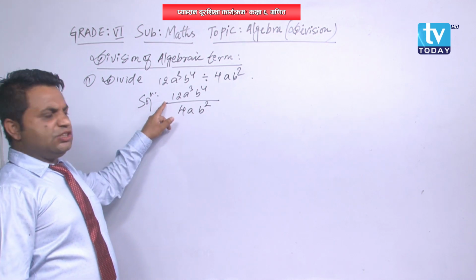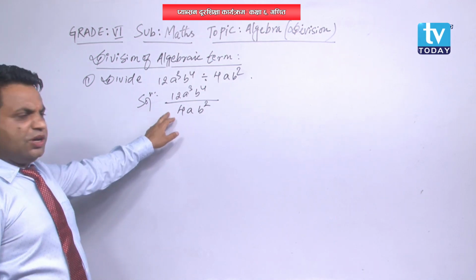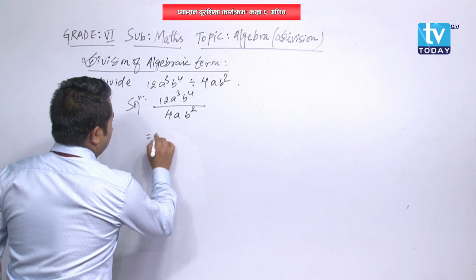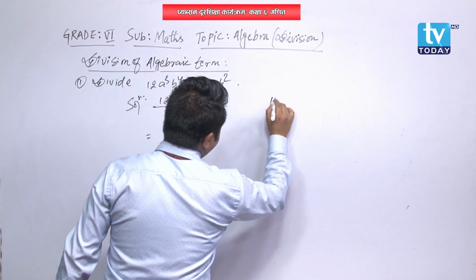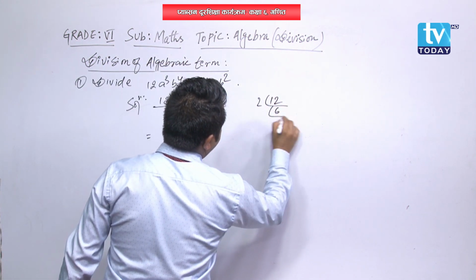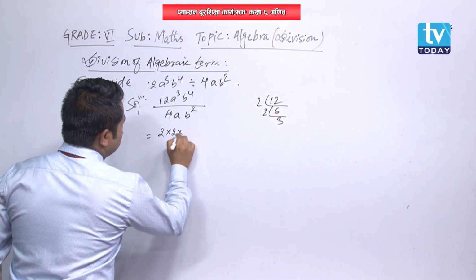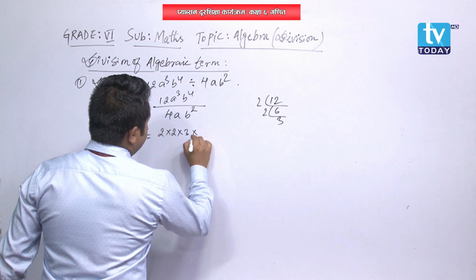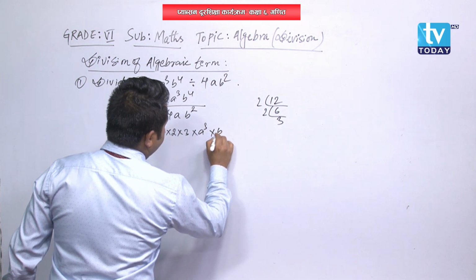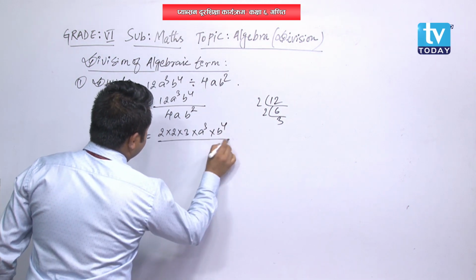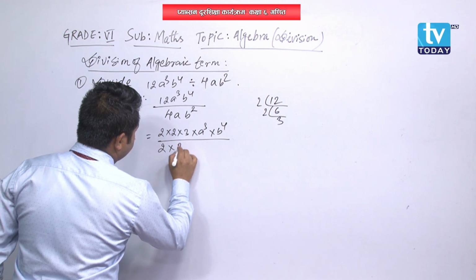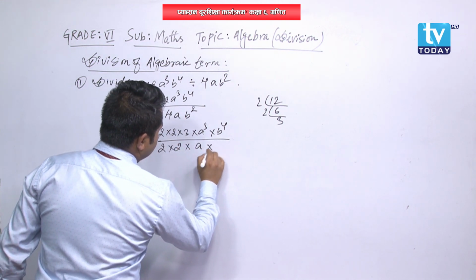Now find the factors of 12. 2 6s are 12, 2 3s are 6, so you can write 2 into 2 into 3. That means a cube into b power 4, and in the denominator 2 into 2 into a into b square.